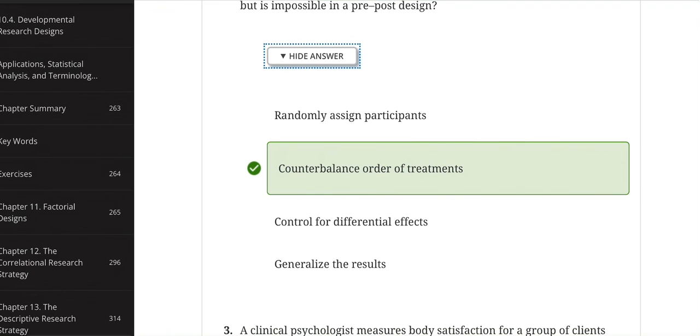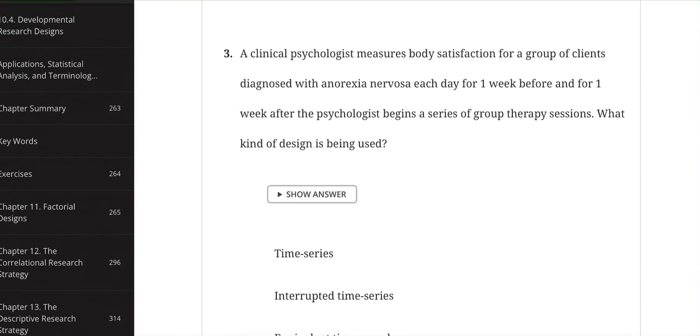Within subjects experimental designs are counterbalanced to avoid or minimize those internal validity threats. You cannot counterbalance a pre-post design.